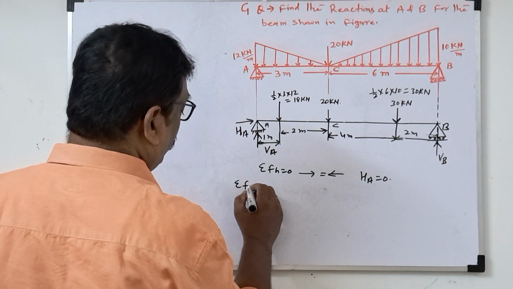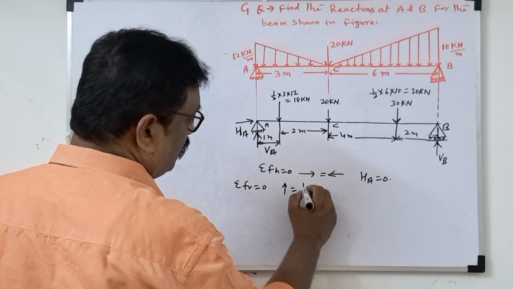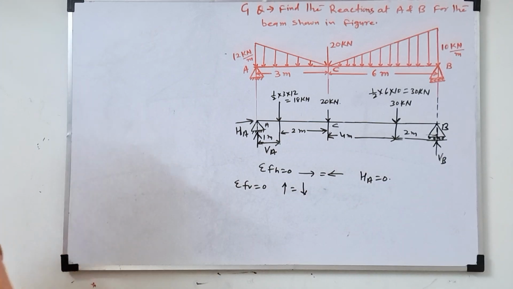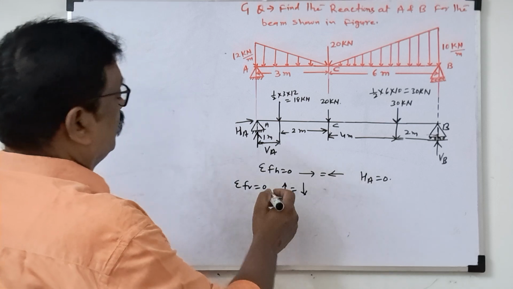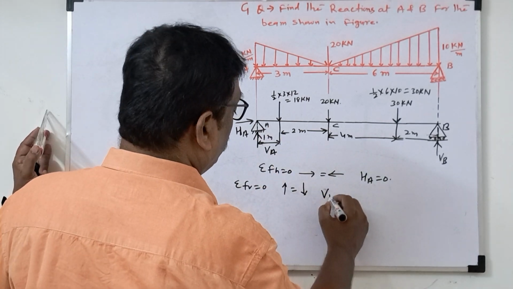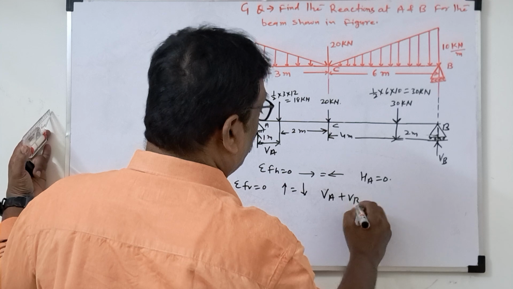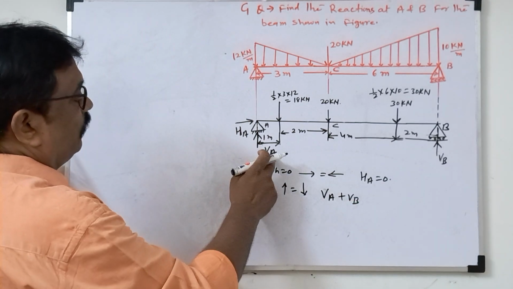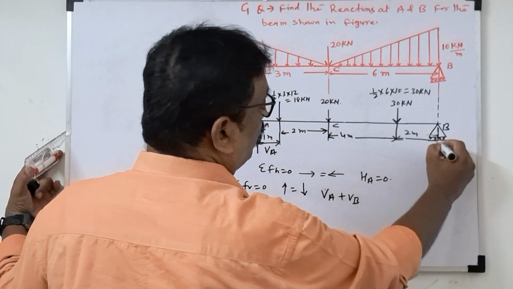Now sigma FV equal to 0. That means total upward force equal to total downward force. What is upward force here? VA plus VB. Any other upward force? No, only VA and VB are upward forces.